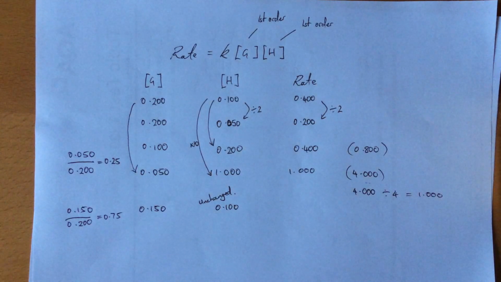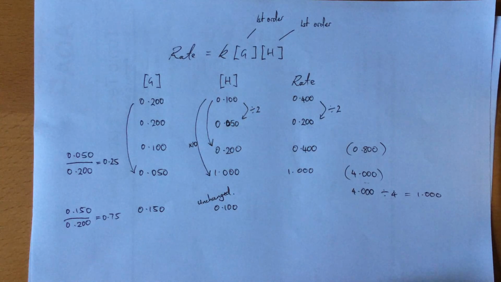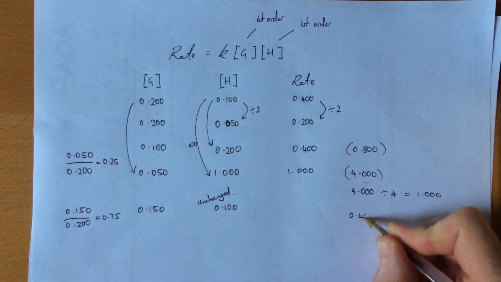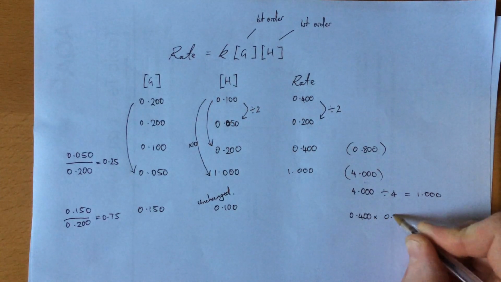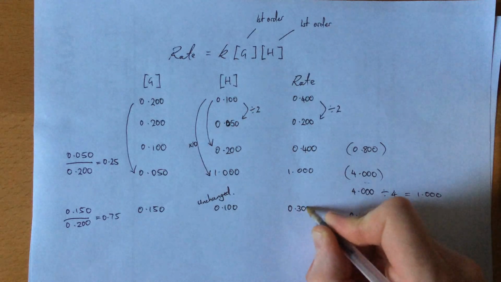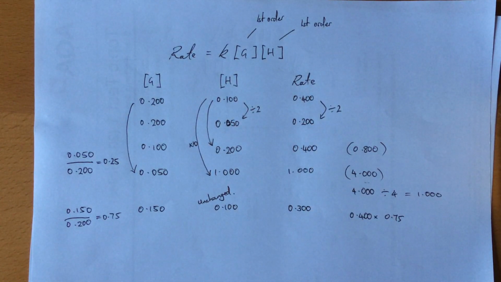So it's decreased by a quarter, which means we need to multiply the rate by that factor. The original rate was 0.4, so we'll take 0.4 and multiply it by 0.75, and that gives us 0.3. More on this one and others to follow.